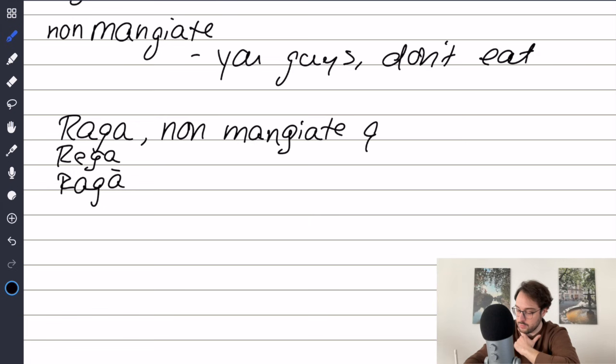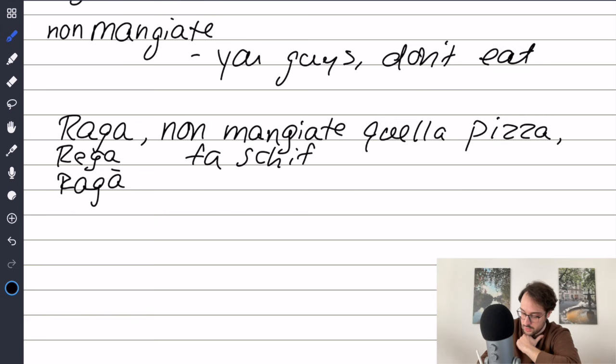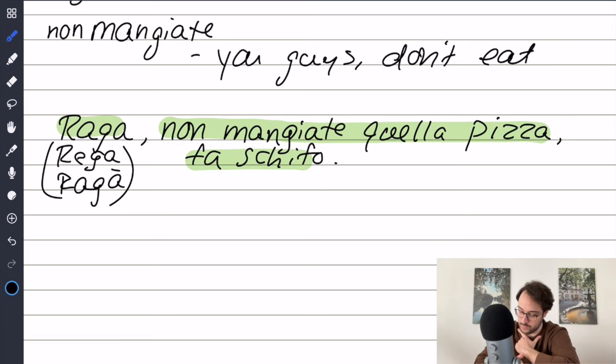Non mangiate quella pizza. Fa schifo. Okay? These are a separate sentence, okay? I'm just putting that there. So, raga, guys, don't eat that pizza. It's disgusting. Fa schifo. It's not good.